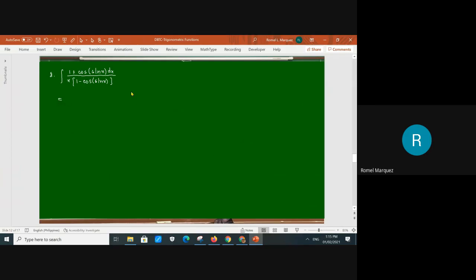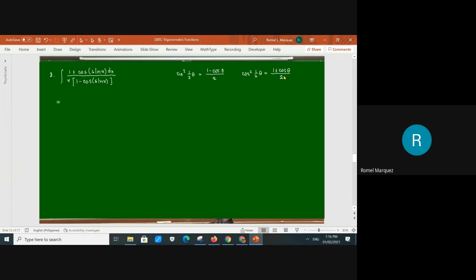We apply first an identity here. You cannot solve this directly from any of the formulas listed. If you still remember the identity, sine squared of 1/2 theta is equal to 1 minus cosine theta all over 2, while cosine squared of 1/2 theta is equal to 1 plus cosine theta all over 2.